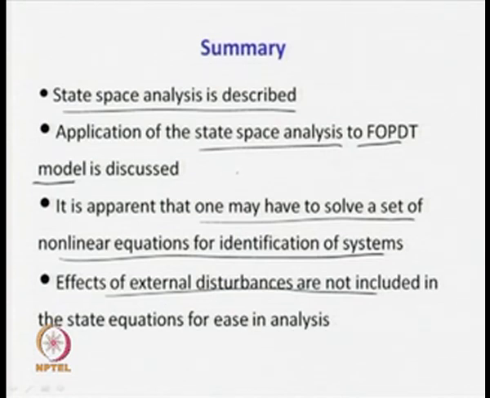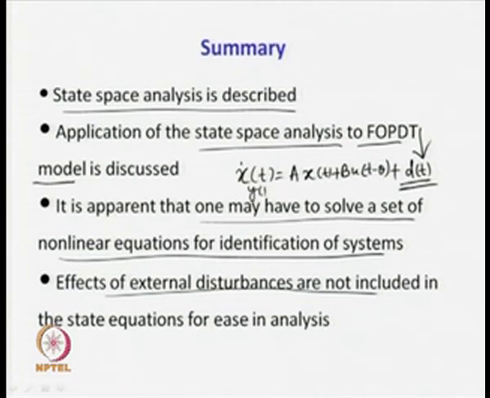Otherwise, the state equation could have been given in the form of x dot t is equal to a x t plus b u t minus theta plus d t, where d t are the real time disturbances in the system states. Similarly, the output could also have been given by y t equal to c x t plus e t, where this e t will be nothing but our measurement errors. E t stands for all sorts of measurement error due to inaccuracy in the sensors.